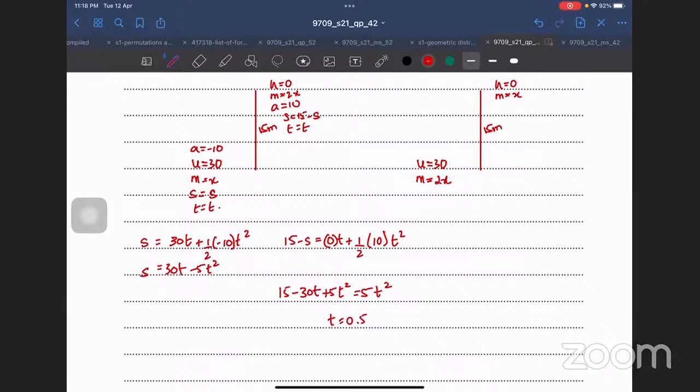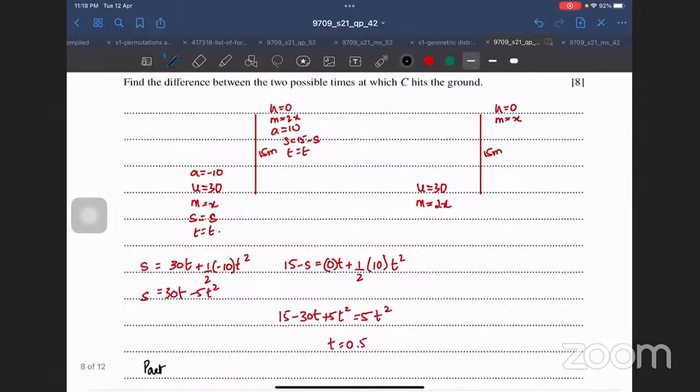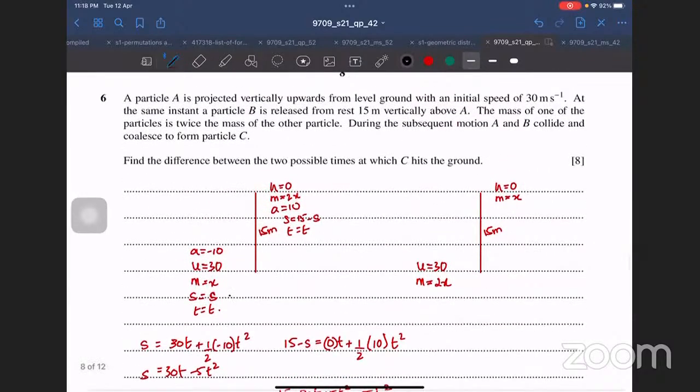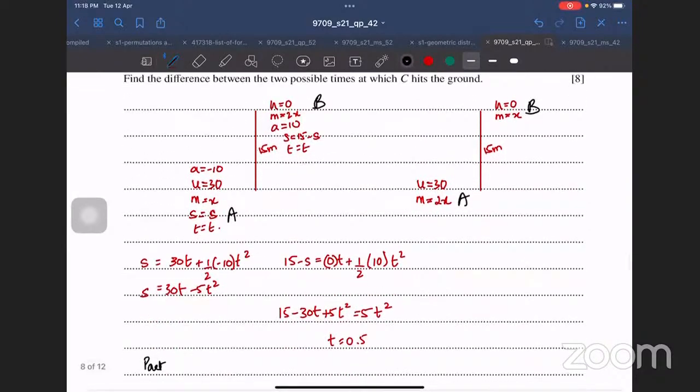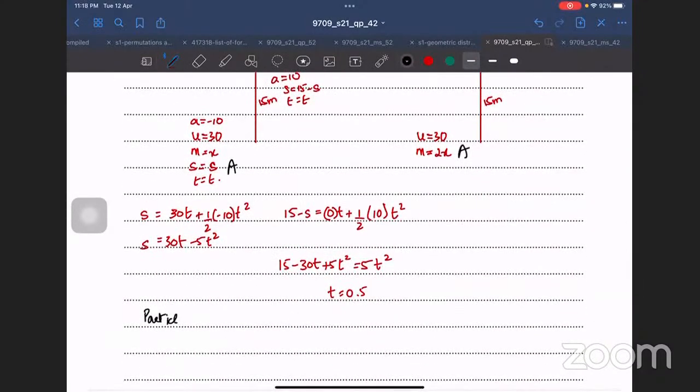Let's find out what their speeds would be. This is particle A, this is particle B. So particle A's speed before impact is v equals u plus at. So I get 25.